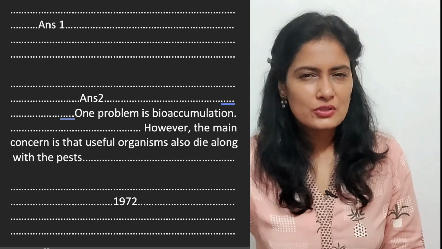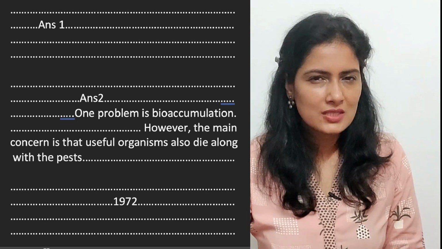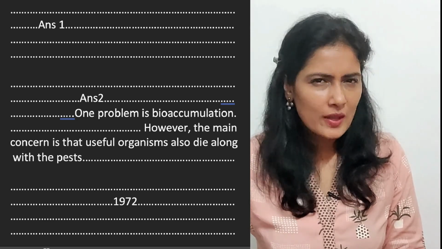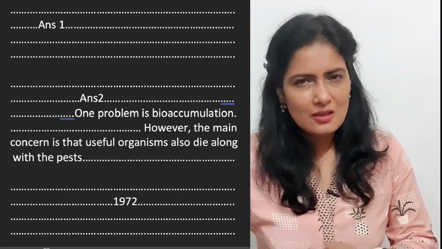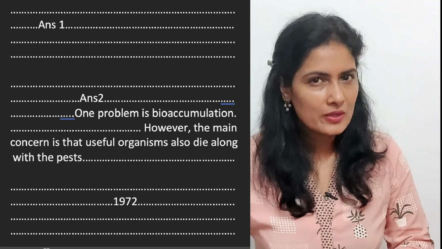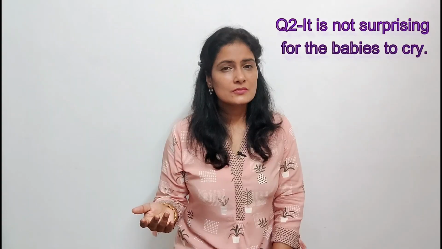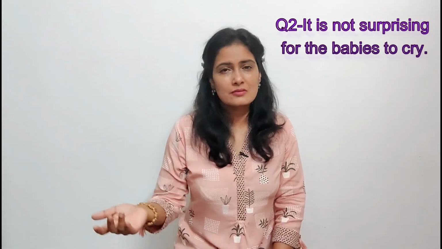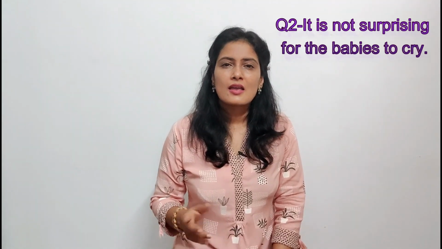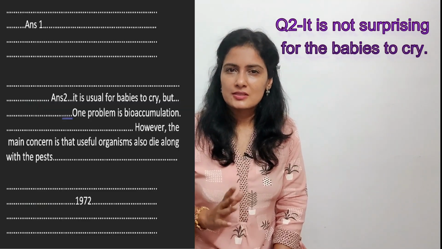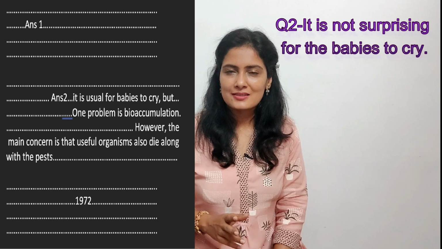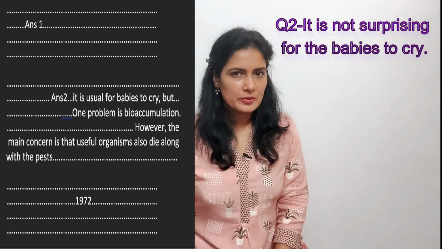You know that you have to focus on any sentence that is at least vaguely related or seems somewhat connected to the question. For example, let's say the second question is, it's not surprising for the babies to cry. And in the passage, there is a sentence which says, it's usual for babies to cry. So you might not immediately make a connection of the word usual with surprising.